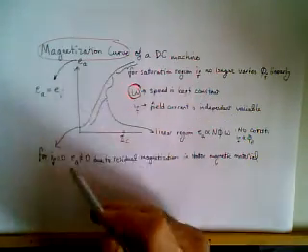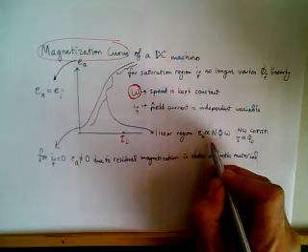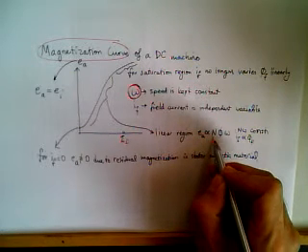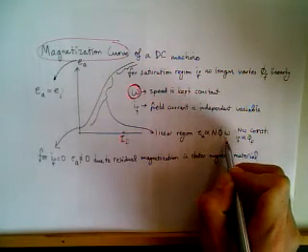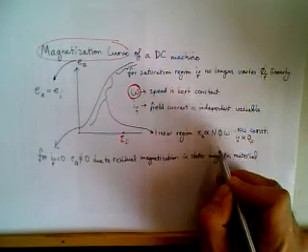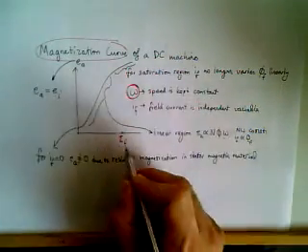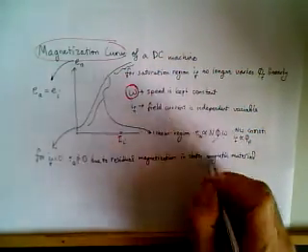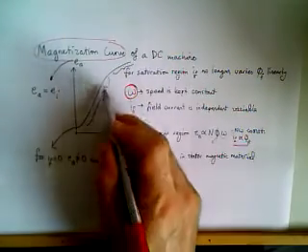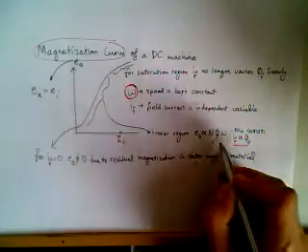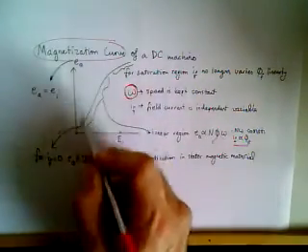This region is almost linear, so induced voltage is almost proportional to the number of turns times field flux and rotation. So rotation is kept constant, and that flux is directly proportional to IF. So there's a direct proportional relationship between these two variables in this region.